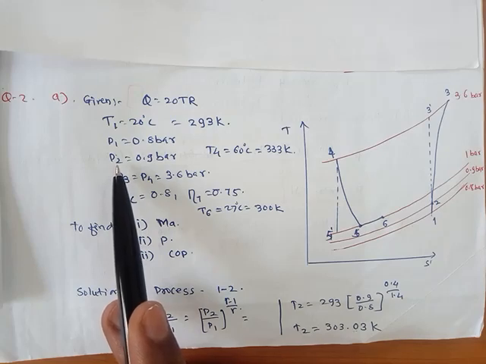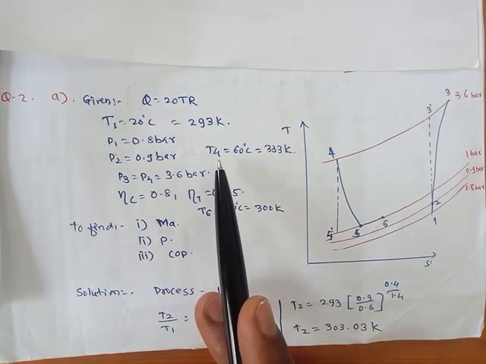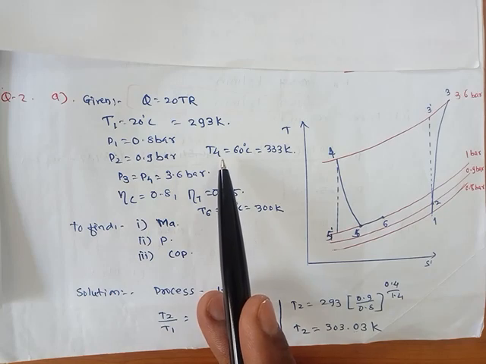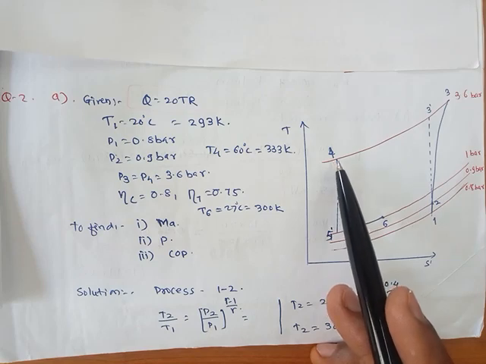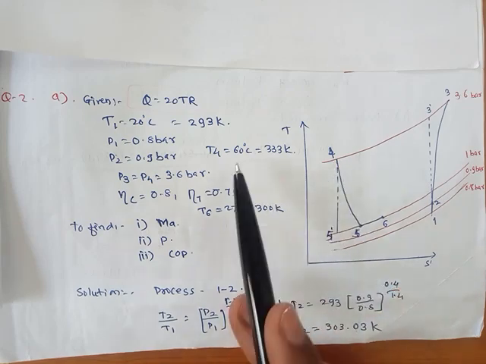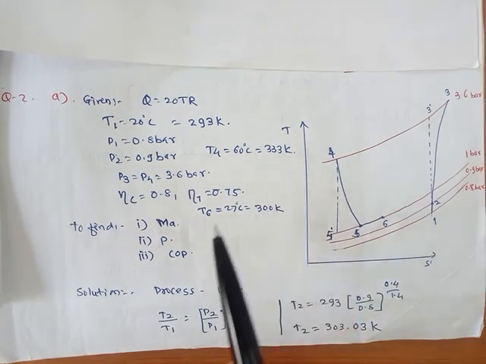P2 is the outlet of ram pressure, equal to 0.9 bar, and T4 we have given after heat removal from the air, at point 4 as outlet of heat exchanger. The temperature is 60 degrees Celsius, equal to 333 Kelvin.